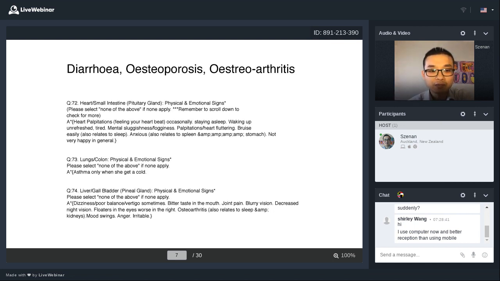Liver and gallbladder: dizziness, poor balance, vertigo sometimes, okay. Bitter taste in the mouth, joint pain. The joint pain is about the arthritis, right? Blurry vision, decreased night vision, floaters in the eyes, worse in the right. Okay, floaters.